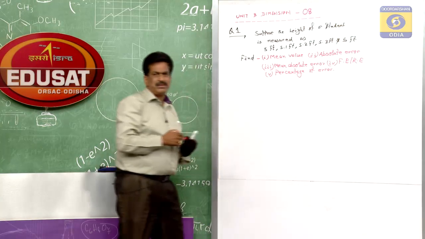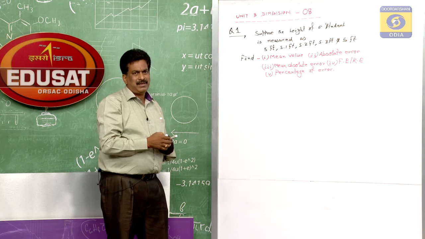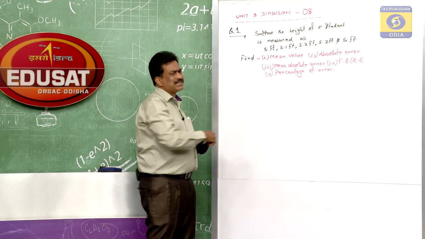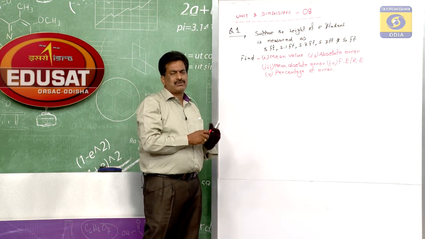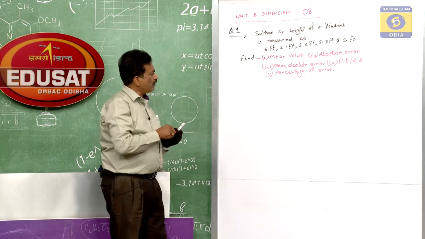This is the question. So how will you solve it? Those who were present in the last class, I gave the details, and today I have also given hints. Now you proceed.